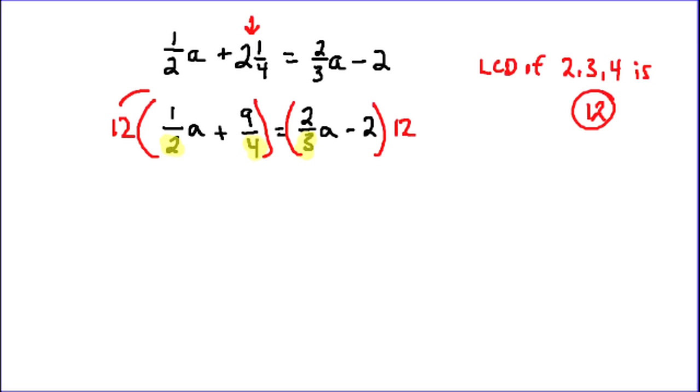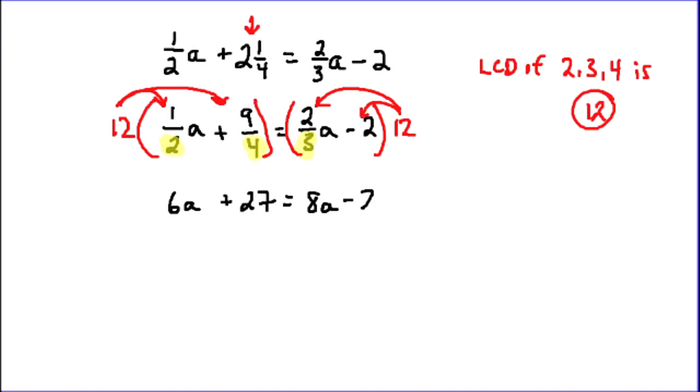So now let's actually balance this out. I have distribution on the left and distribution on the right. My next step is 12 times 1/2, or 1/2 of 12, is 6, so 6a plus. I can do a little cross canceling here: 12 and 4 simplifies to make 3. 3 times 9 is 27 equals 2 times 12 is 24, divided by 3 is 8, and 2 times 12 is 24.